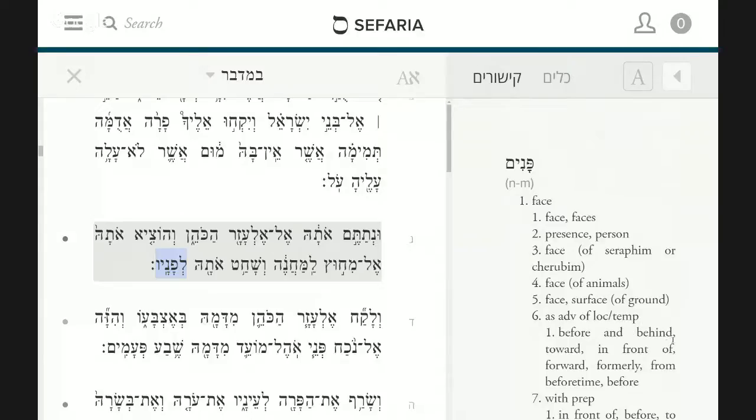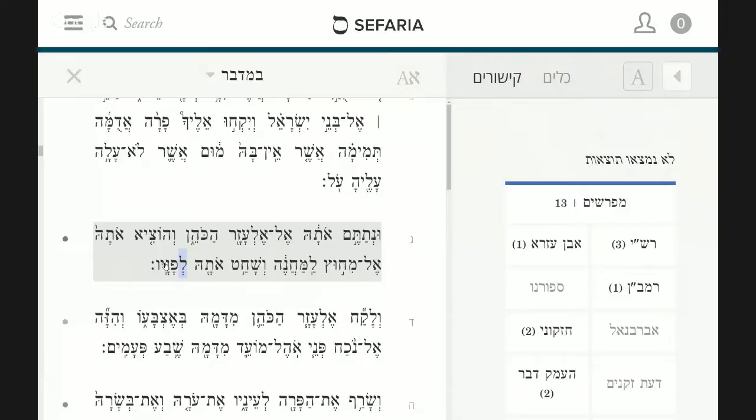It's before and behind, toward, and so on. So when you start off, you put a lamed in the beginning, and then you turn it into a construct with a suffix ending, and then it means before or in the presence of something. So this av ending means him, so it's third person and masculine.